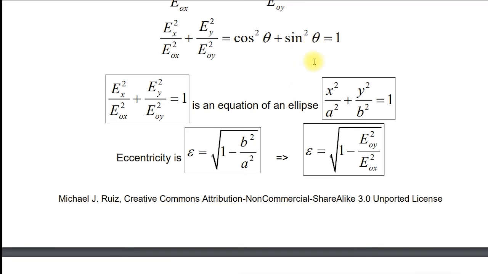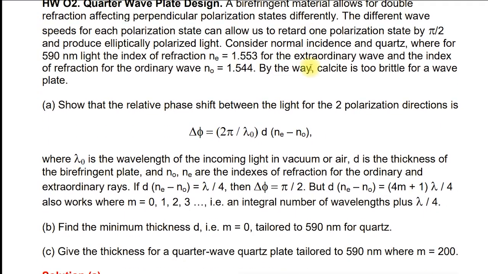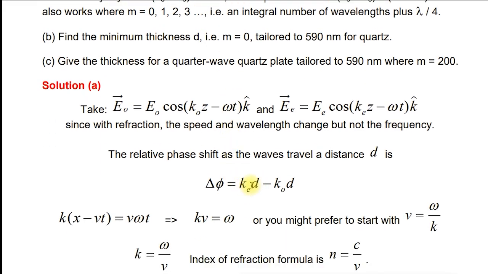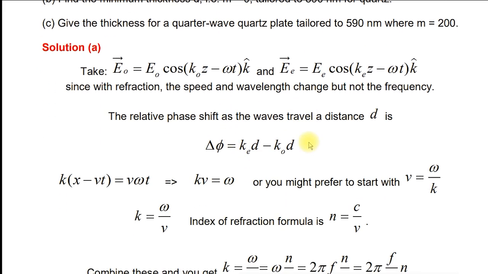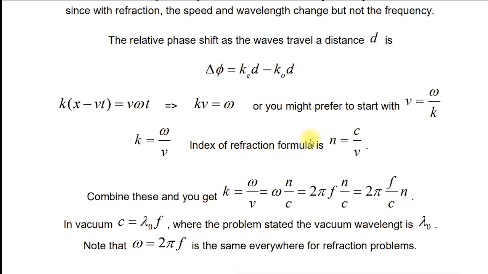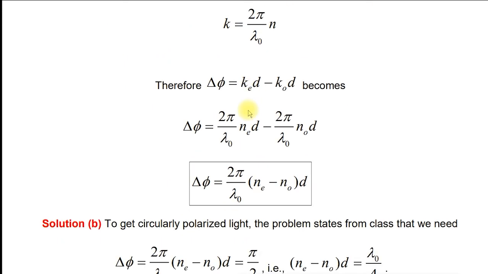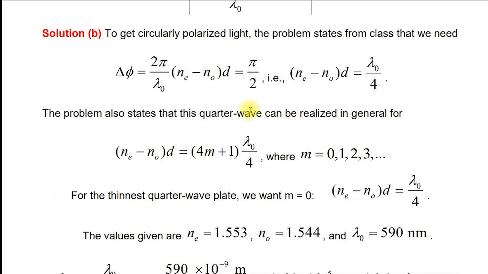I would skip over this one. The quarter plate design, it's not bad to understand your way around phase, like your kx kind of thing, your k times d. So I would look this one over here. It has some nice basic formulas for you. So that's kind of nice to look at.